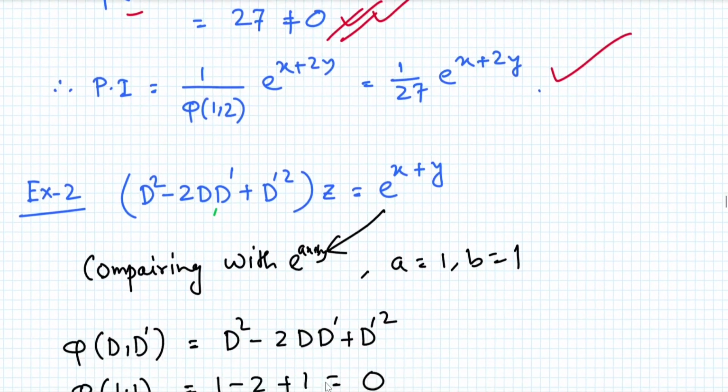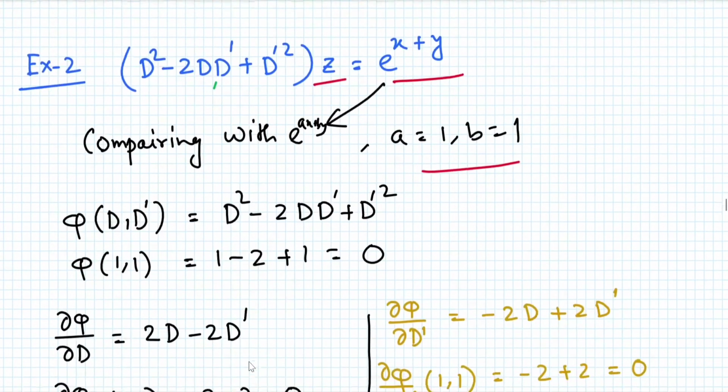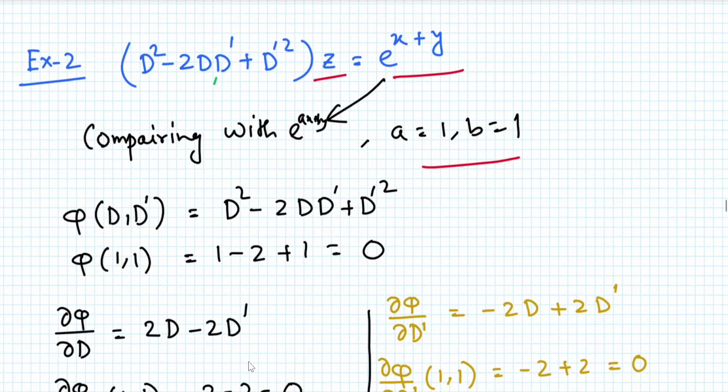Now let us take another example. (D square minus 2 D D dash plus D dash square) z is equal to e to the power ax plus by. So here a equal to 1 and b equal to 1, and the denominator term is phi(D,D dash) equal to D square minus 2 D D dash plus D dash square, and phi(1,1) equal to 0.